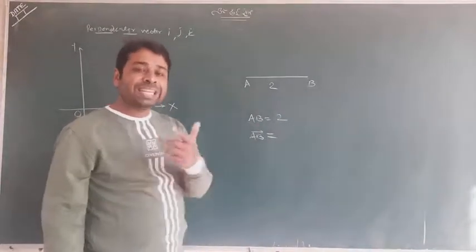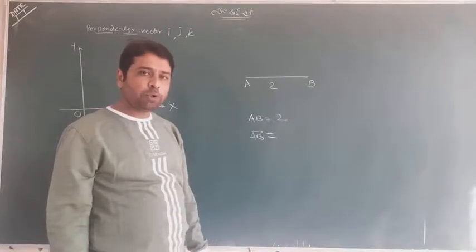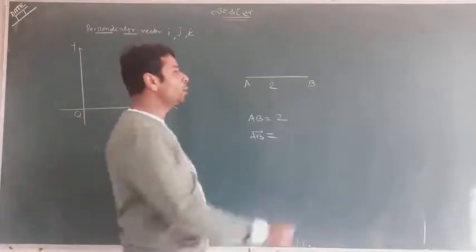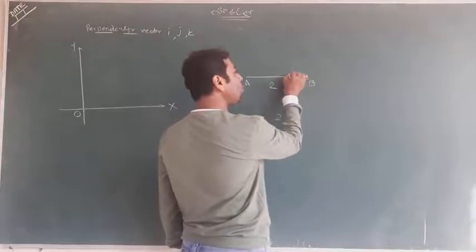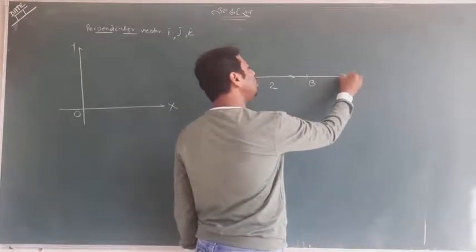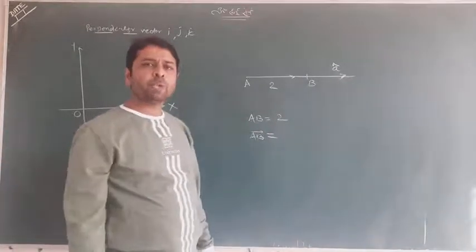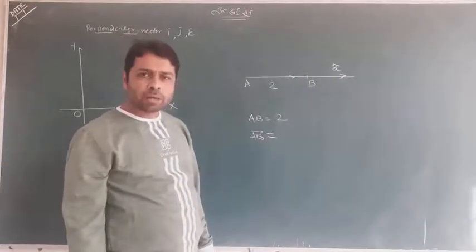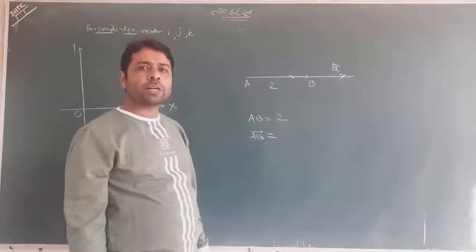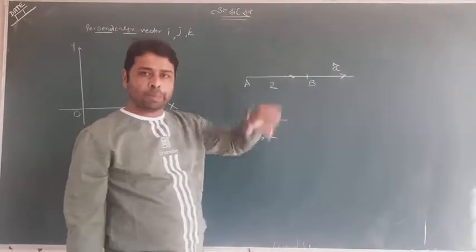Whenever any distance is given and you want to make its vector form, you have to take one unit vector towards that direction. Suppose a cap is a unit vector taken along the vector AB.